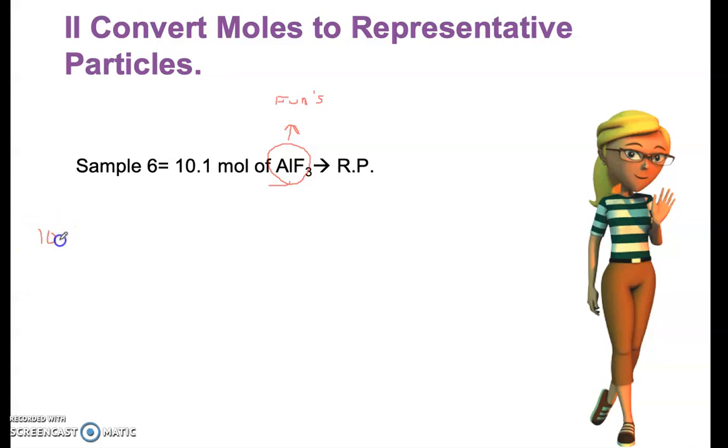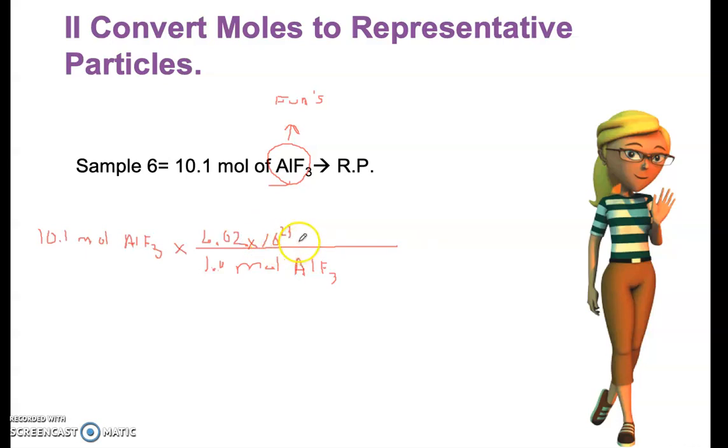So we have 10.1 mol AlF3, and we're going to multiply it by our conversion factor that we've been using. So we have mol in the numerator, we're going to have mol in the denominator here. And we have Avogadro's number up top as part of the conversion factor.